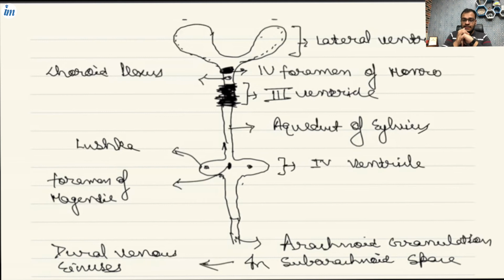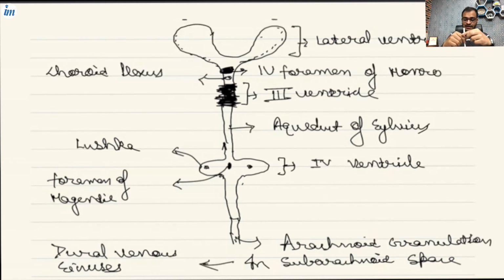So again, about the classification of the nervous system and the CSF, I told you the clear-cut points to solve MCQs about CSF: colorless, transparent fluid. The first CSF is formed by amniotic fluid. Then the rest of the CSF, once the lateral ventricles are formed, is formed by the choroid plexus, which are derivatives of ependymal cells, but before that the epithelial cells too. The CSF from the lateral ventricle goes through which foramen? Foramen of Monro. Through the foramen of Monro, where does it go? To the third ventricle.